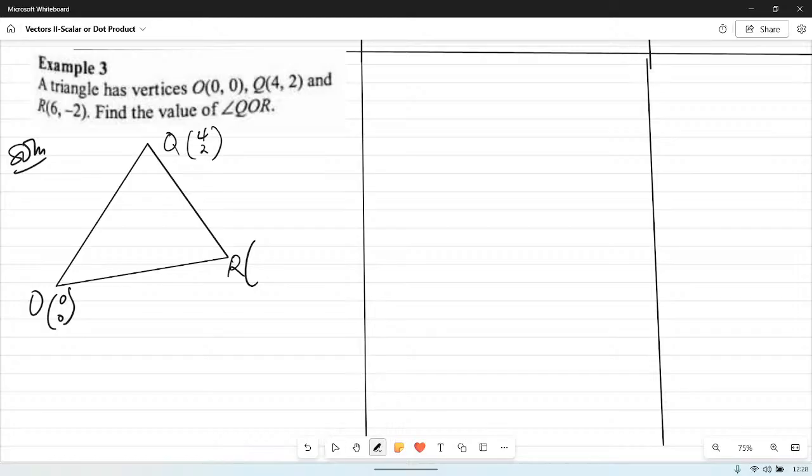R is 6, negative 2. Find QOR. So that's the angle we are looking for. The angles can be diverging or converging.